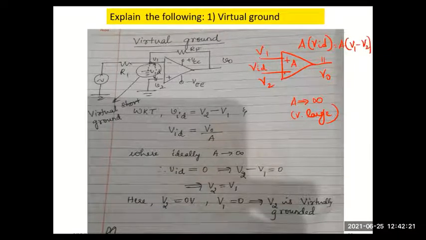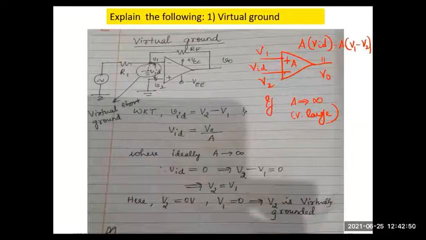And remember one thing always, whatever voltage is given to the non-inverting terminal should be considered positive, and whatever voltage is given to the inverting terminal, you should take it as negative. Is that fine?